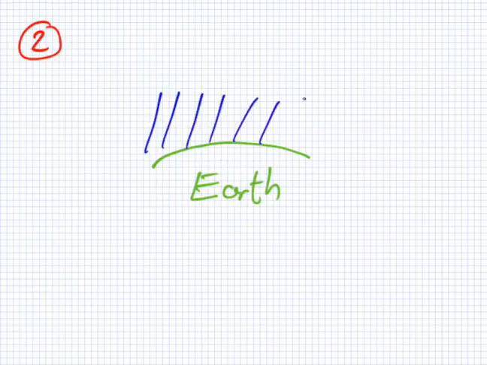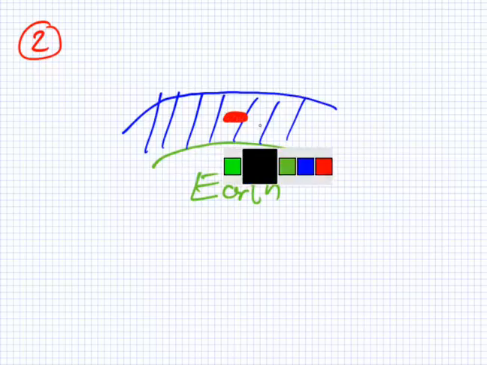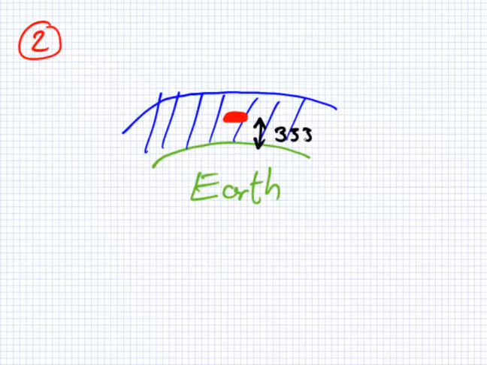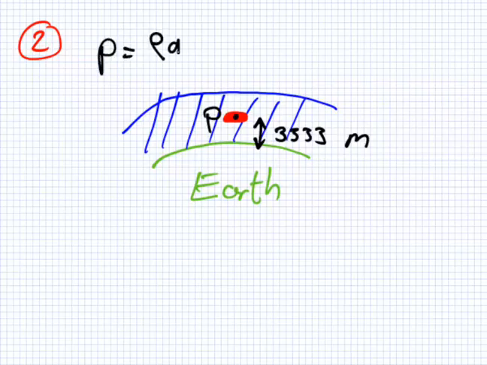Estimate what the pressure on an airplane flying at roughly 10,000 feet is. And I said about 3 feet is 1 meter. The reason I use feet is because I think pilots measure altitude in feet.